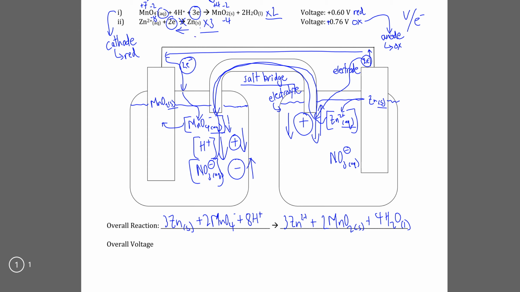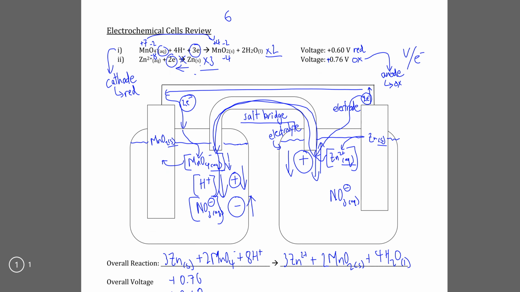So all we need to do is take the voltage of our oxidation reaction and add it to the voltage of our reduction reaction, and we can calculate the total volts per electron of the electrochemical cell that we have designed here. This concludes our summary and review of electrochemical cell structure and function. Hopefully this provides alleviation for any of the unanswered concerns that many students no doubt had.